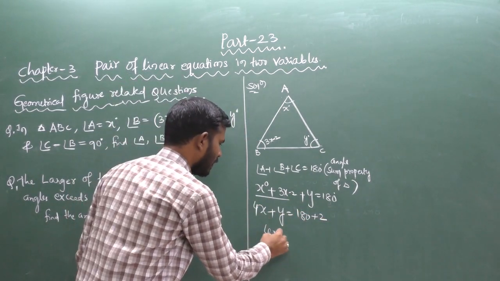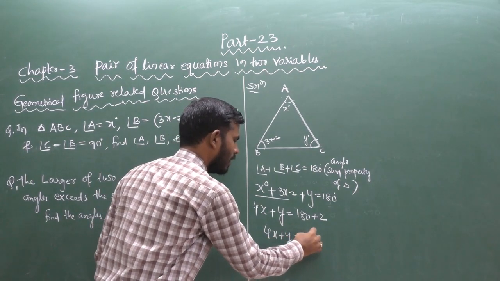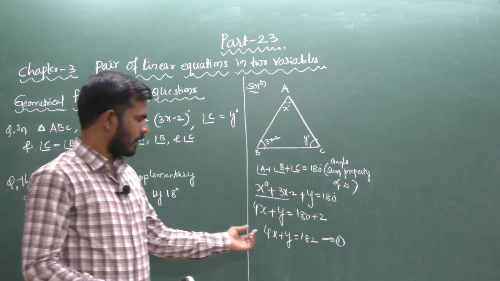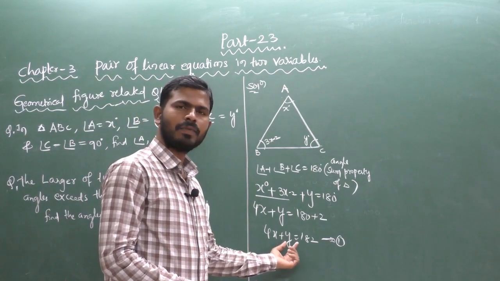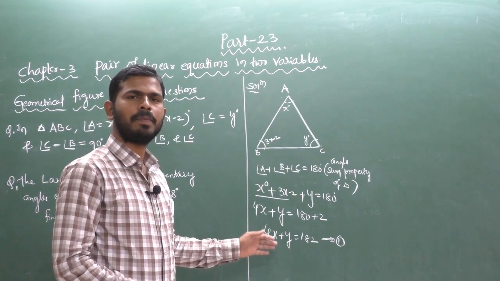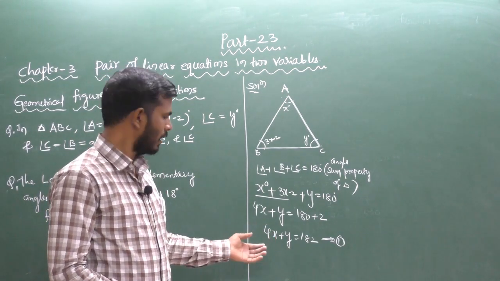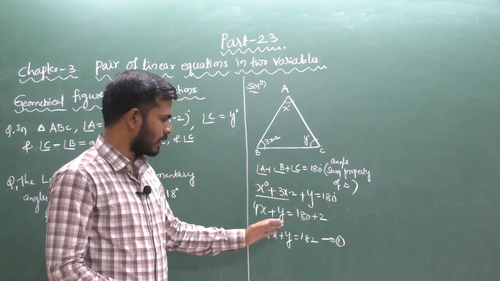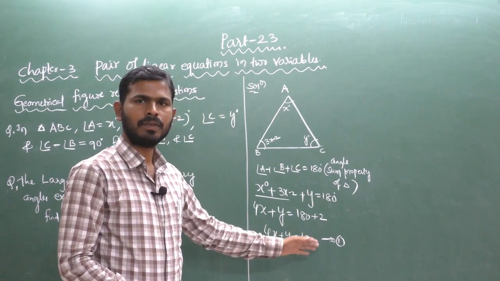So 4x plus y equal to 182. This is equation number 1, because the first term is the x term, next is the y term, and the last is the constant term, so it is in the form of a pair of linear equations in two variables. That is 4x plus y equal to 182 degree.